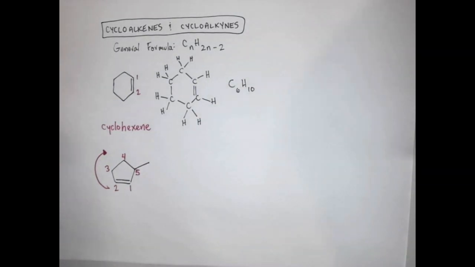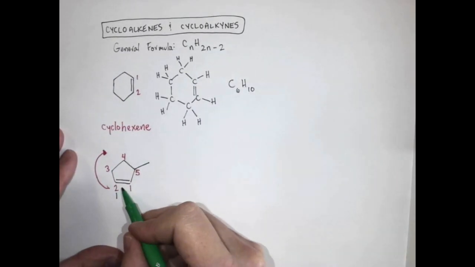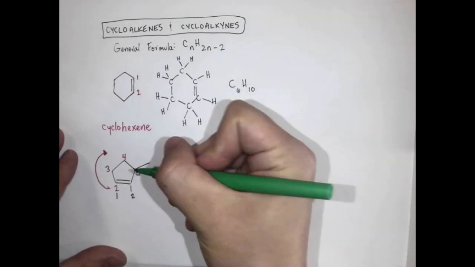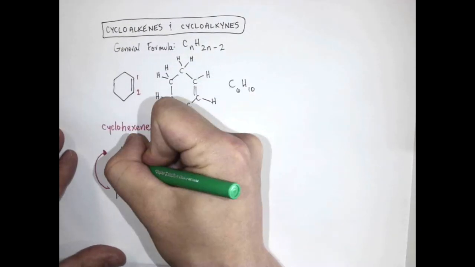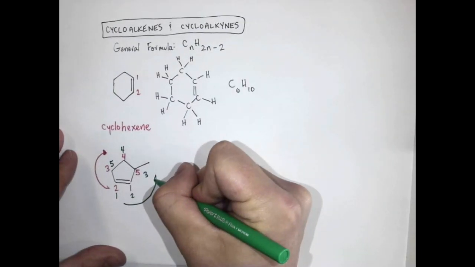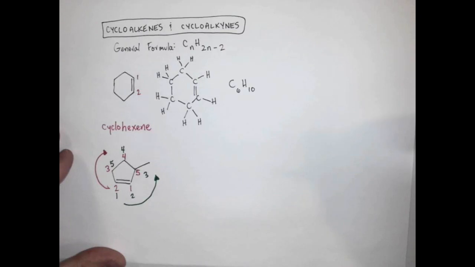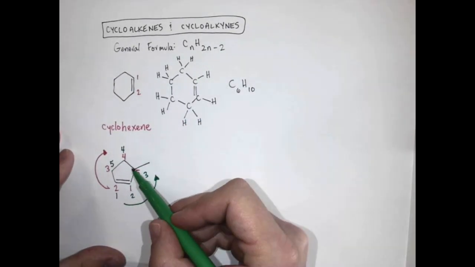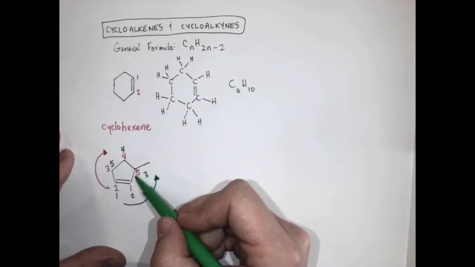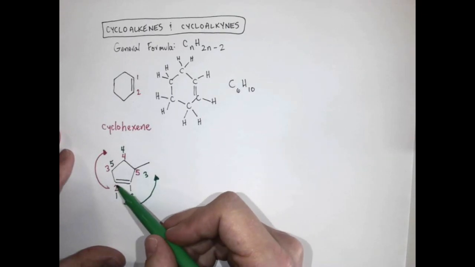The correct way, I'm going to do it in green, would be to start carbon 1 here on the left, carbon 2 on the right, and then the branch gets the number 3, like that. So the correct way would go the other direction, which would be counterclockwise. So the correct name here comes from a 5-membered parent. A 5-carbon parent gives us the root of pent.